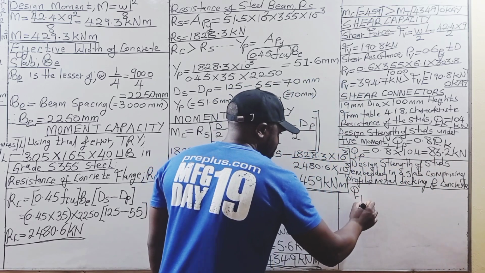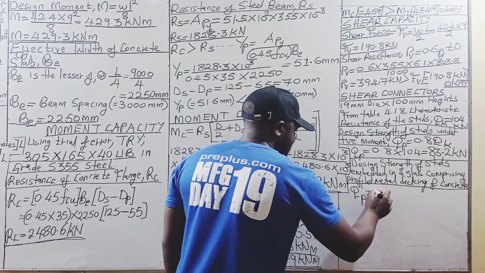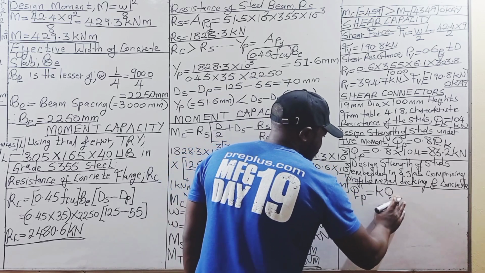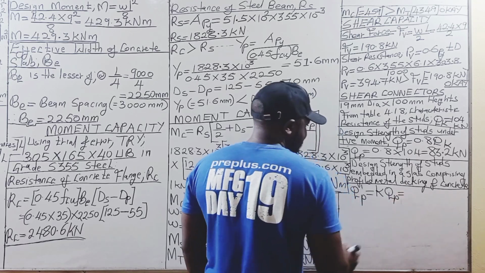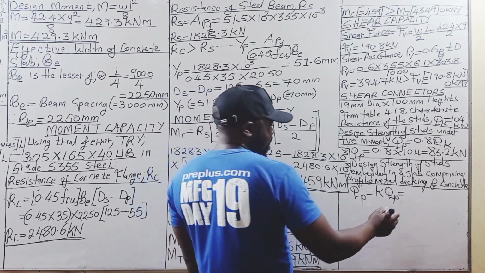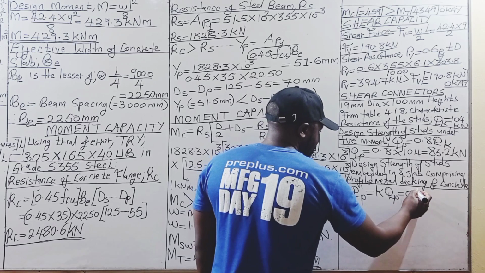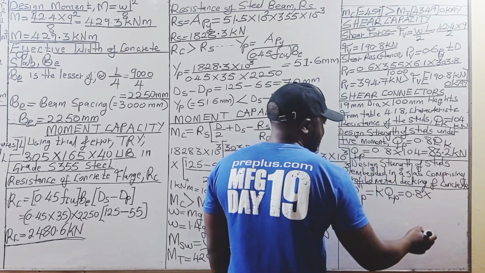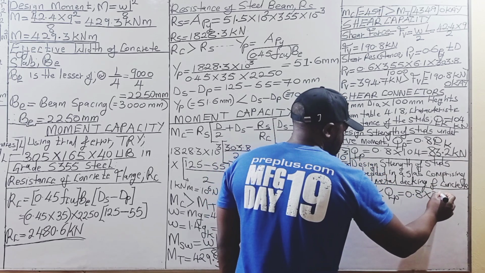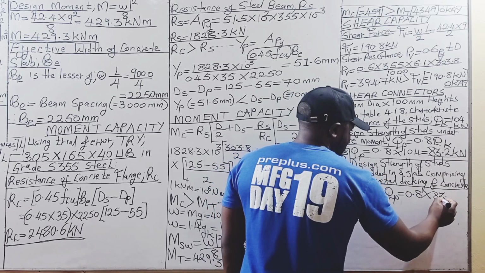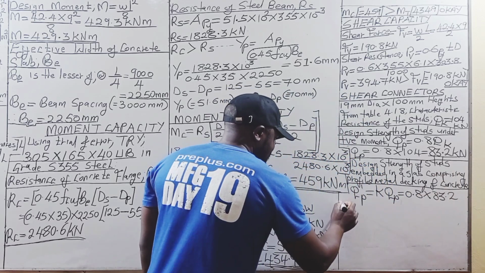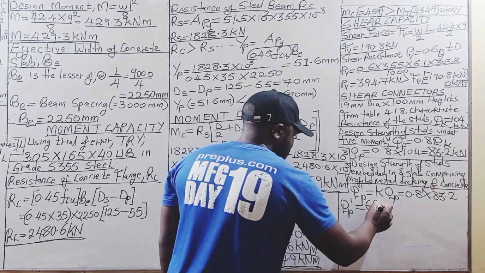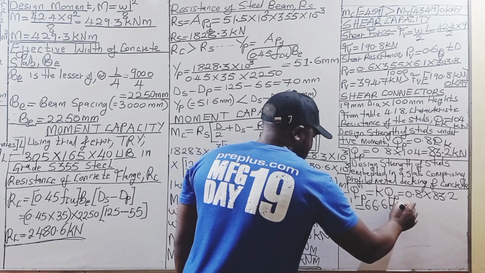So this is QP prime, which will be given by K multiplied by QP. In this case, the design strength of the studs will be equal to 0.8 multiplied by the QP that we have obtained up here of 83.2 kilonewtons. So multiplied by 83.2. And this is going to give us QP prime of 66.6 kilonewtons.